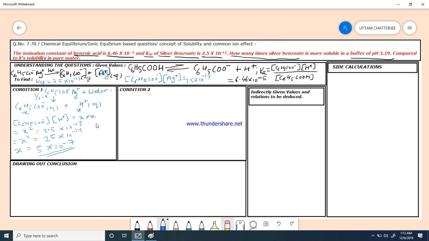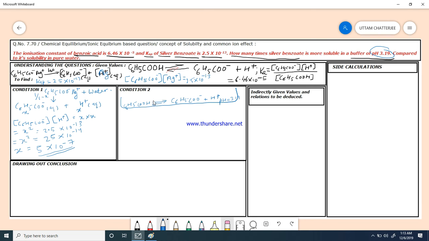Now the other half of the problem is that in the vessel of benzoic acid, C6H5COO minus and H plus were there earlier, with a pH equal to 3.19, as given here.